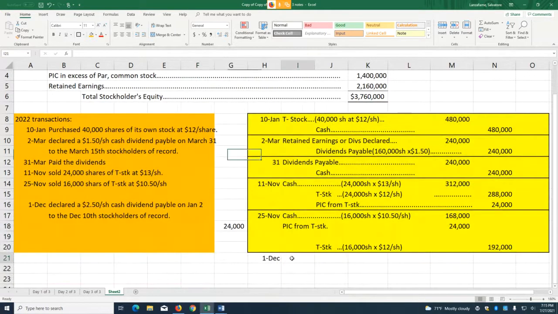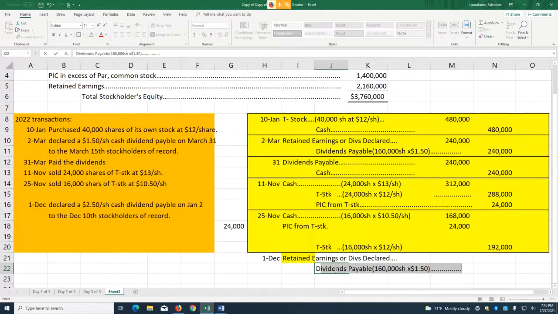So now you're going to debit dividends payable. I'm sorry, you're going to debit dividends declared or retained earnings. And you're going to credit dividends payable.